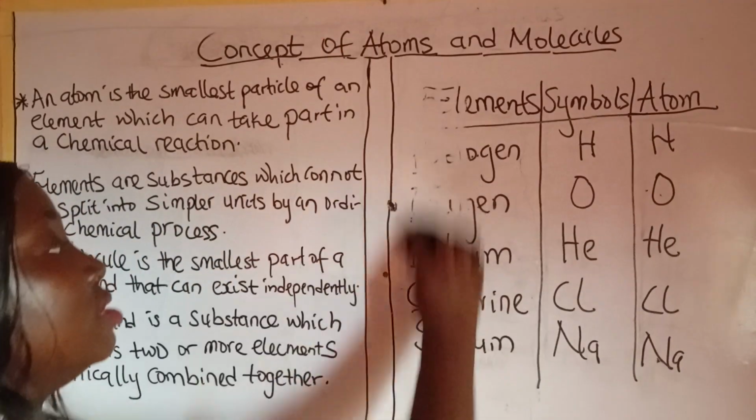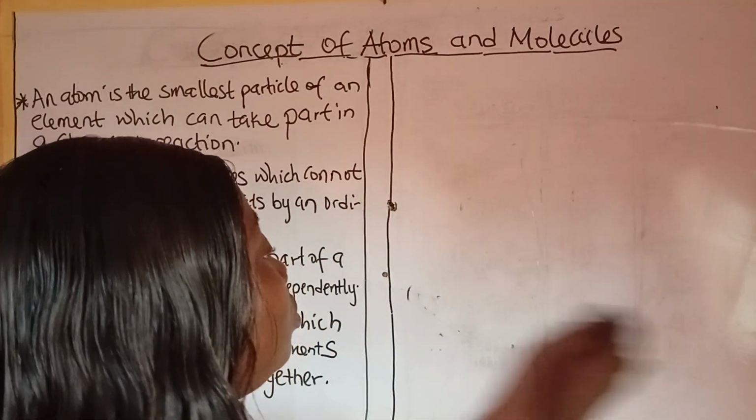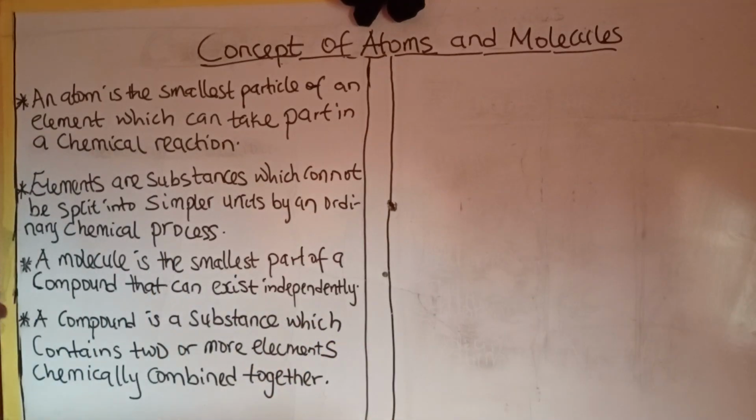Now let's look at molecules and compounds. What are molecules? A molecule is the smallest part of a compound that can exist independently. And what is a compound? A compound is a substance which contains two or more elements chemically combined together.